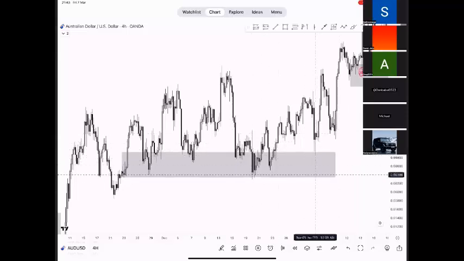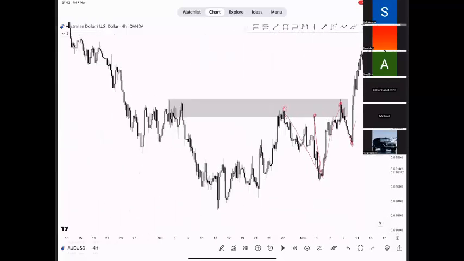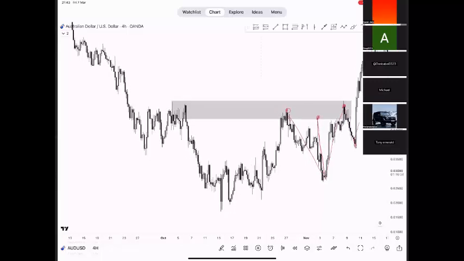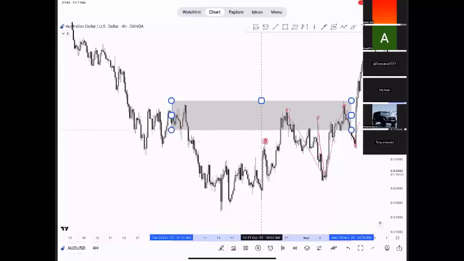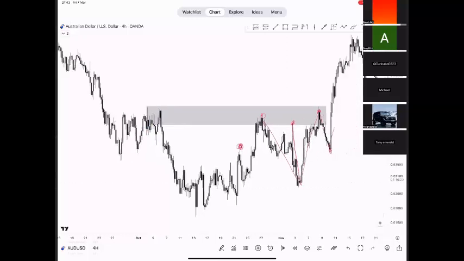So if you're attaching anything as a support or a resistance zone, they have to be closely related. You can see this resistance zone now. It's not like I included this one here as part of my resistance zone, going below and extending the box like this. This is where it gets out of place. So long as they are closely related, they can be included in a box. I don't know if you get what I'm saying.